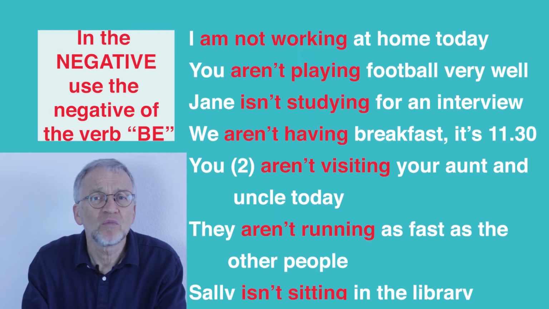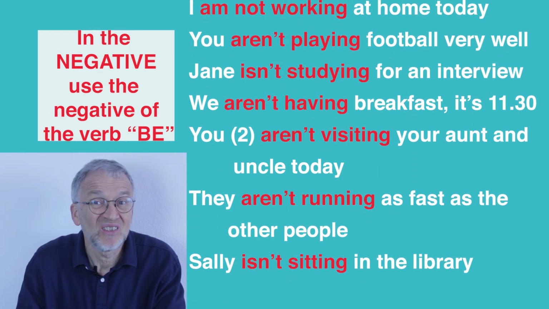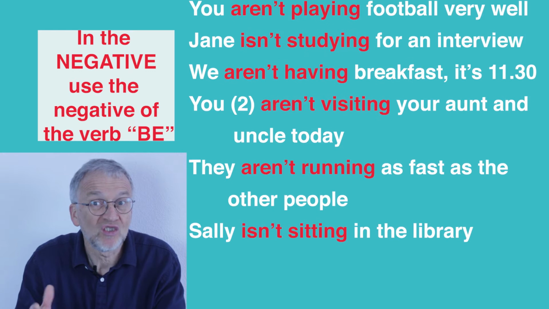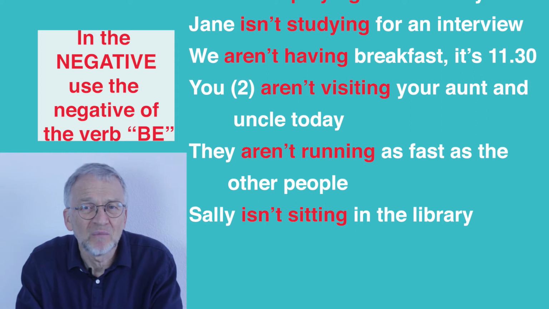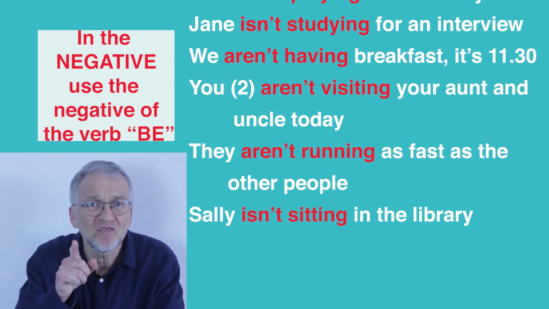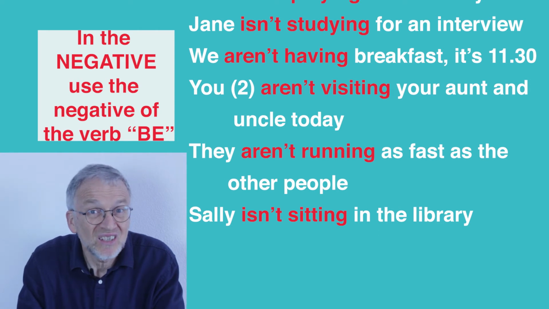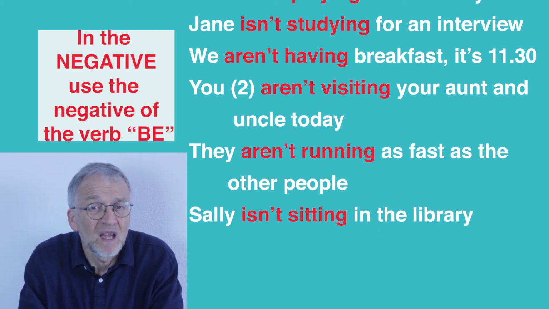We aren't having breakfast. It's 11:30. This is more like brunch. So, you two over there aren't visiting your aunt and uncle today. You have to go to school. They aren't running as fast as the other people. And Sally isn't sitting in the library.